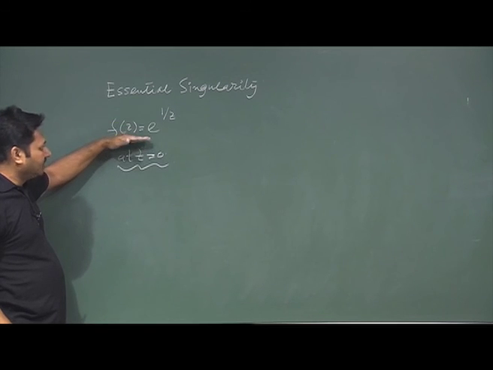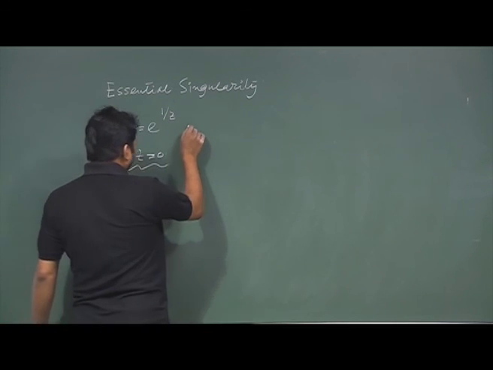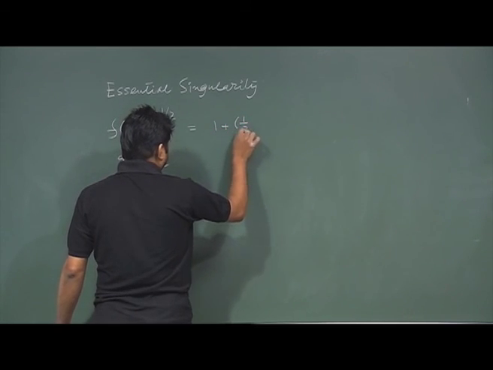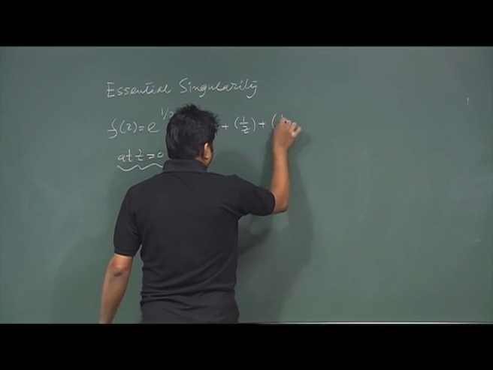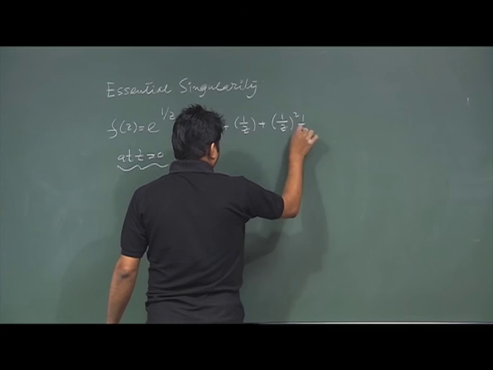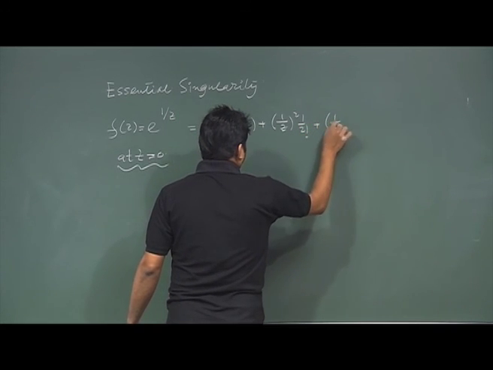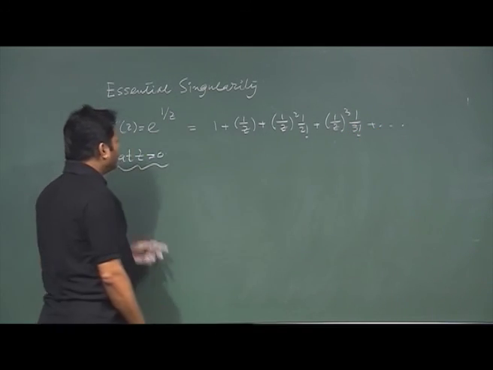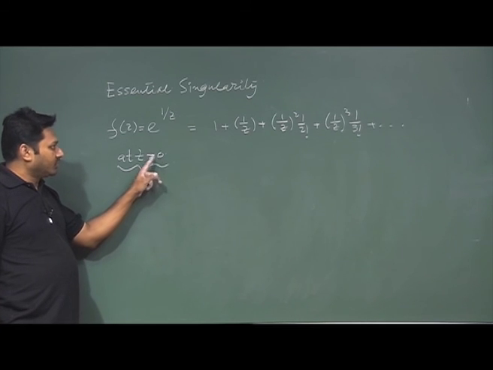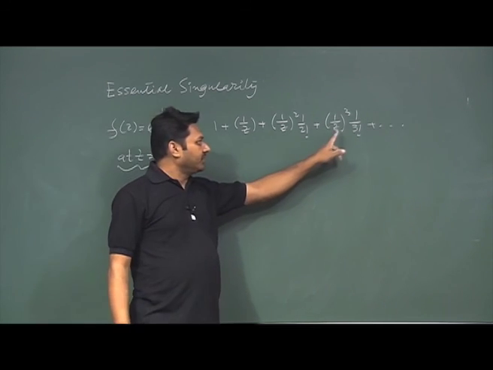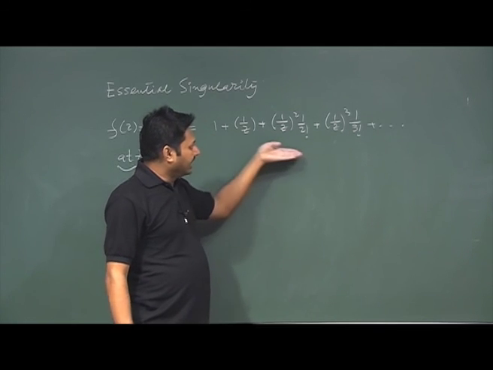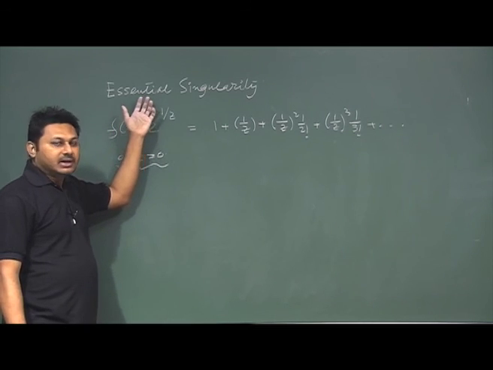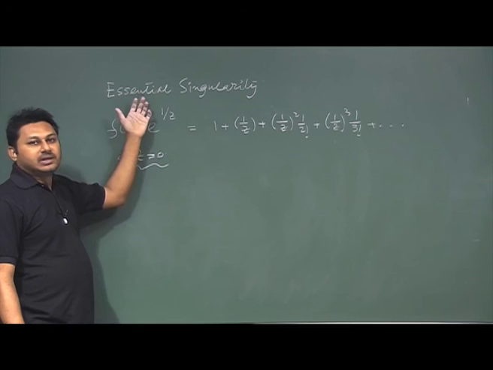The singularity is there, you can't remove it anyway. If I expand this function, it will be 1 plus 1 by z plus 1 by z square times 1 by factorial 2, 1 by z cube times 1 by factorial 3 and so on. Now, if I put the limit z equal to 0, the power of z is going up, so you never have a process to remove this singularity. That is why it is called the essential singularity.